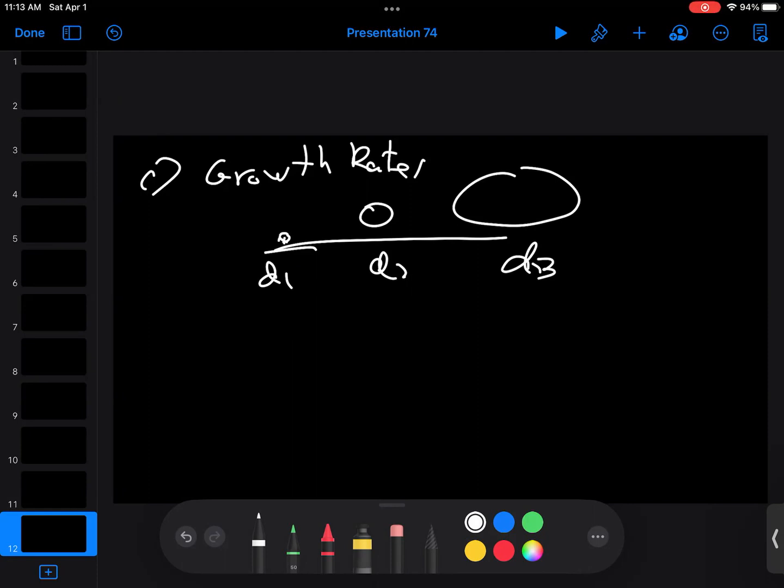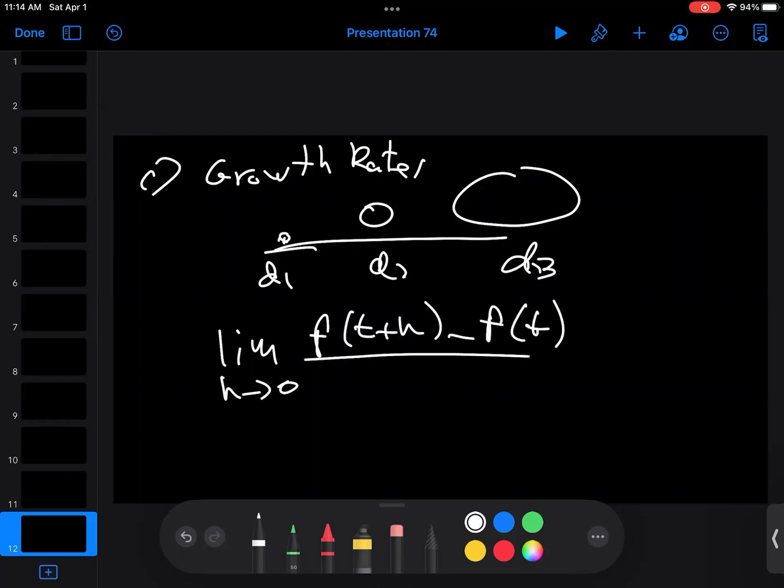And so it's the same. You have, for example, the average growth between day 2 and day 1. But if you want an instantaneous growth rate, you will have to take the derivative. So again, you have an expression like the limit as h goes to 0 of f of t plus h minus f of t divided by h.